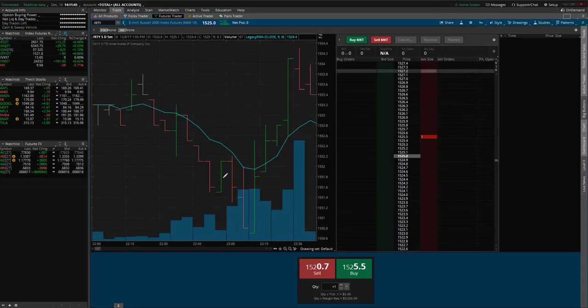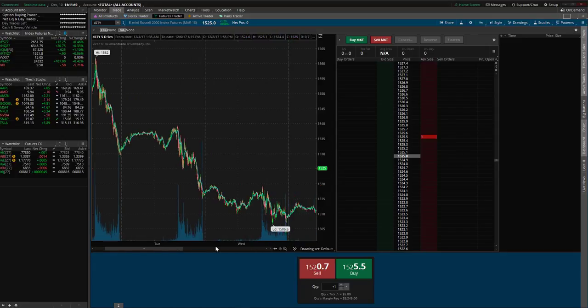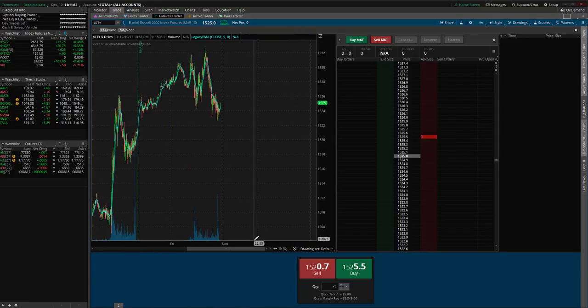Whenever a new product gets introduced, most brokerages will either release it on the day and let you trade it, or they will wait a week or two before you can actually trade it because they want liquidity.